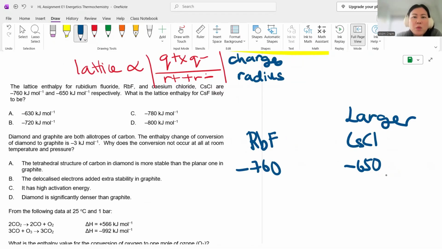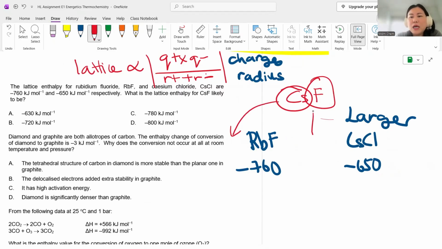So the question says, where would you put CsF? So if I have a CsF which is larger than Rb, it has to be less exothermic than RbF. But because the F is smaller than Cl, there are only two places that you can put it. Because its size is bigger than Rb, I will not put it in front of RbF, which means giving out even more energy.